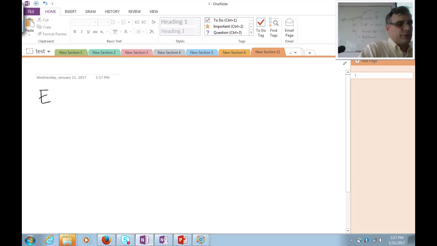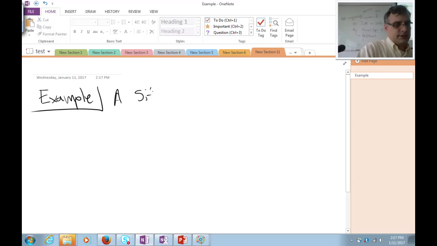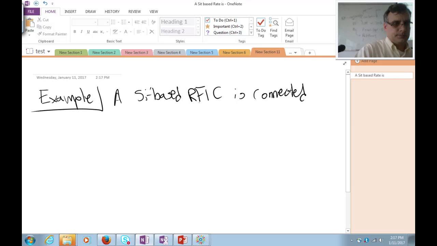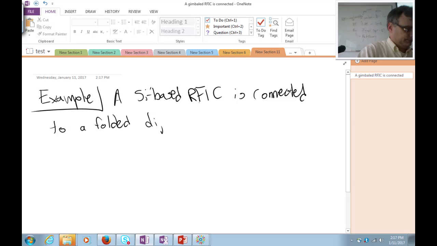So this is an example from energy harvesting. A silicon-based RFIC, radio frequency integrated circuit, is connected to a folded dipole antenna.